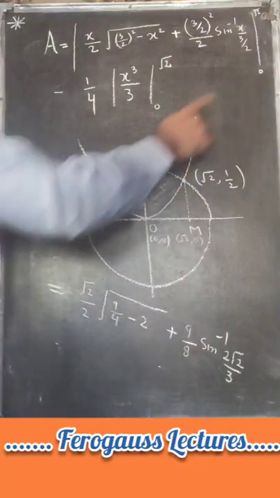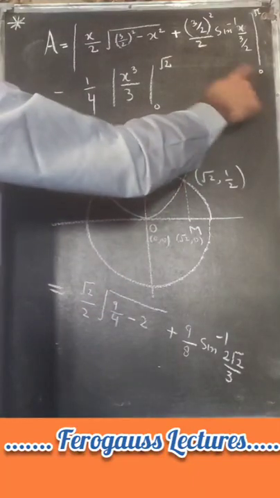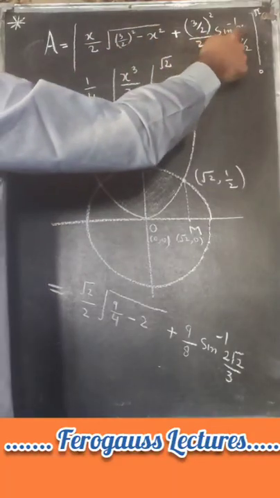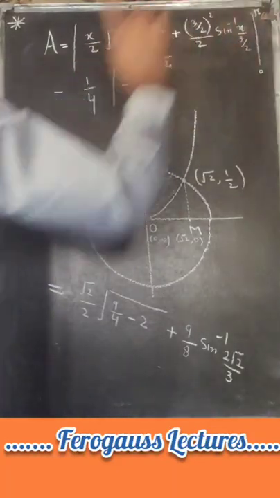Now we give the lower limit, and when x is 0, this whole becomes 0, and sine inverse 0 is 0, so the whole becomes 0.